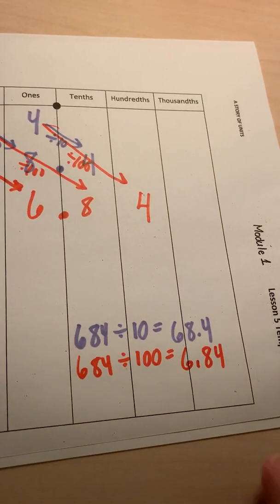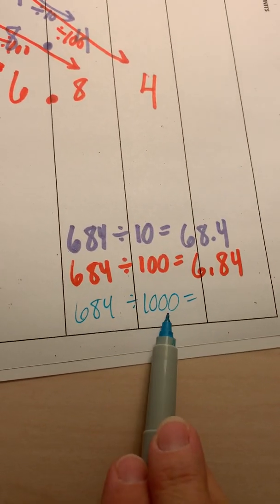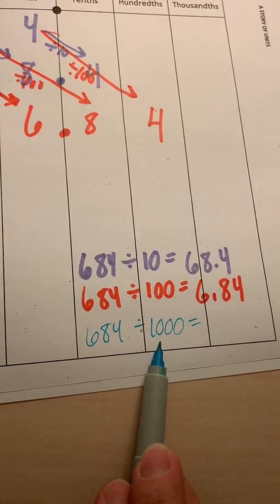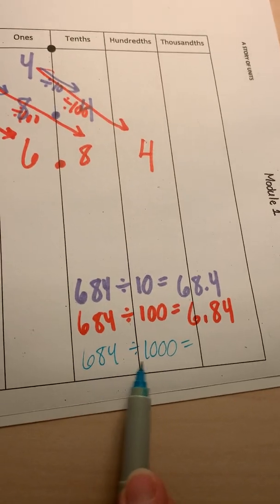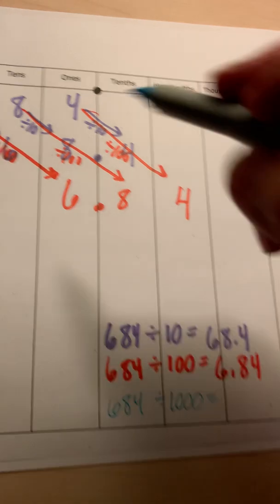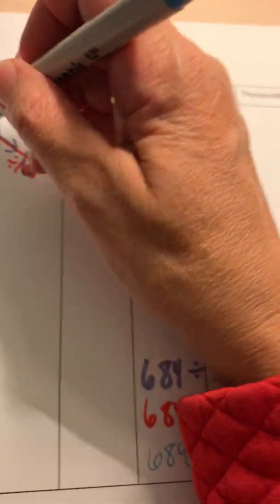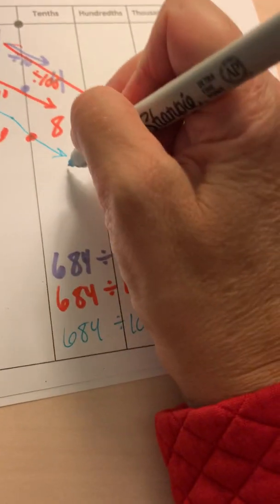Then we learned how to divide by 1,000. 684 divided by 1,000. 1,000 is 10 hundreds, which is 10 10s. So 1,000 is 10 times 10 times 10. We're going to be shifting 3 place values. 684 divided by 1,000. So we have 6 hundreds. When we divide 6 hundreds by 1,000, we go over 1, 2, 3 place values.